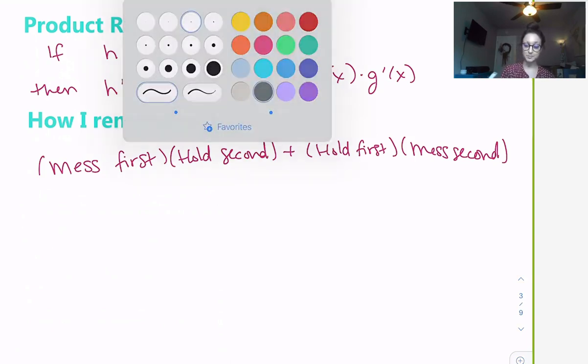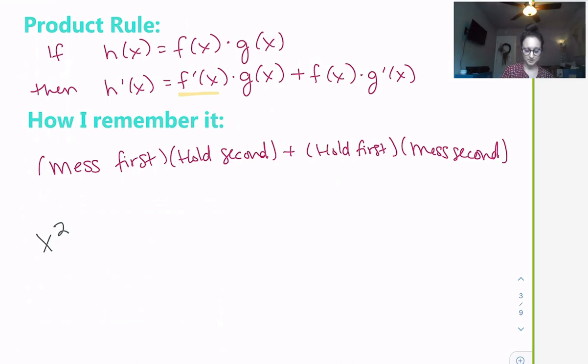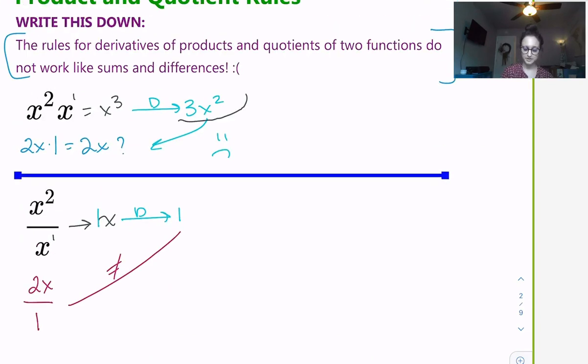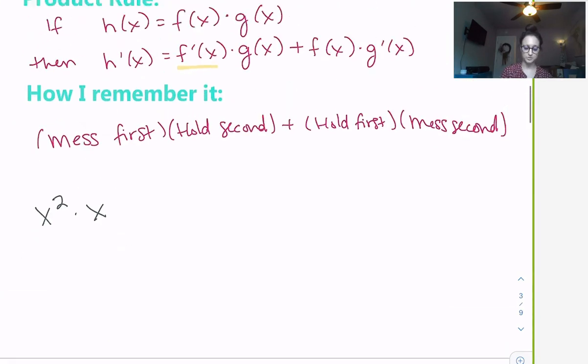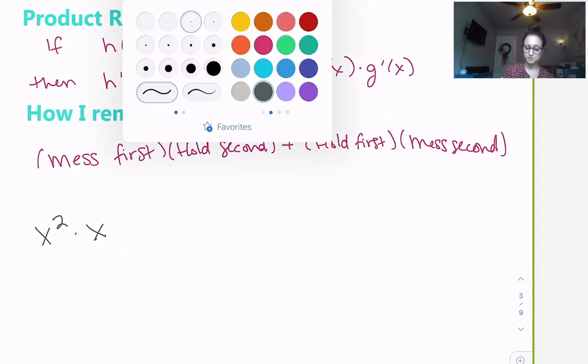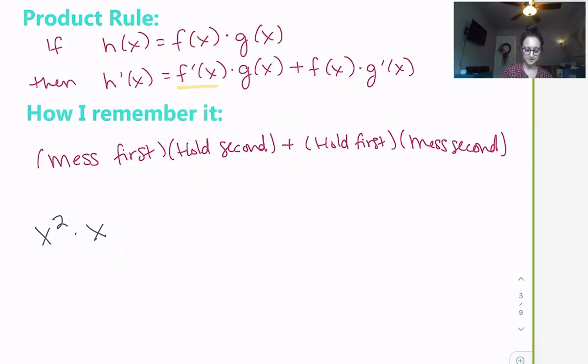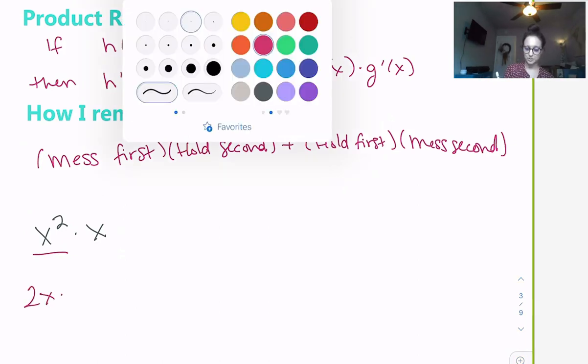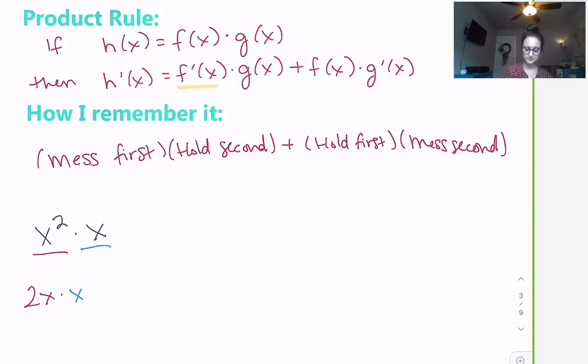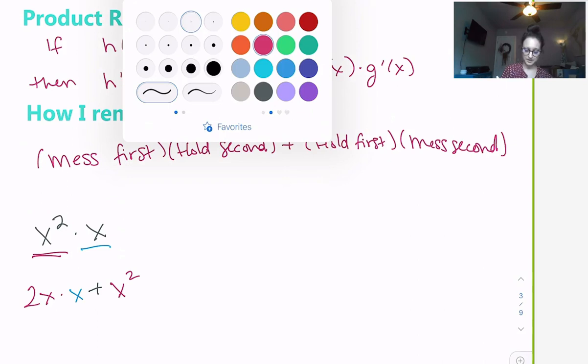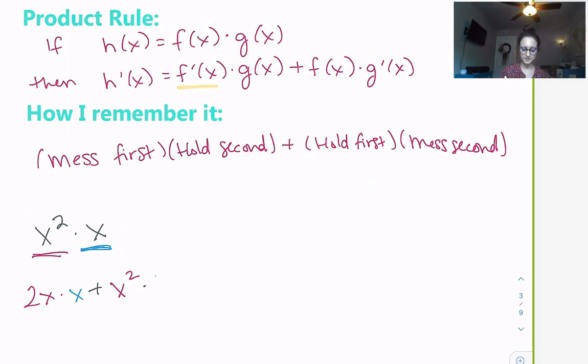So let's take a look at that previous one we had. We had x squared times x, right? And we should get 3x squared as the correct derivative, okay? Well, let's try applying product rule to it. So mess the first, I would get 2x times, hold the second, x, okay, then plus, hold the first, x squared, times, mess or derive the second, which is 1.